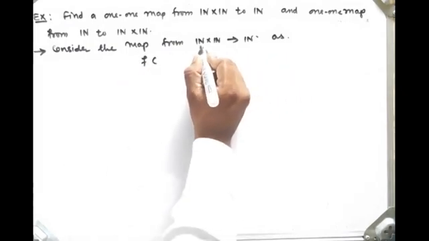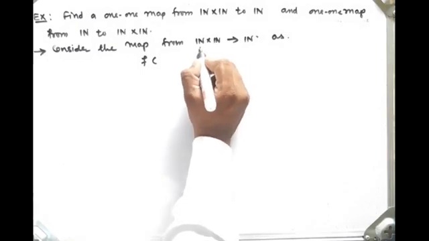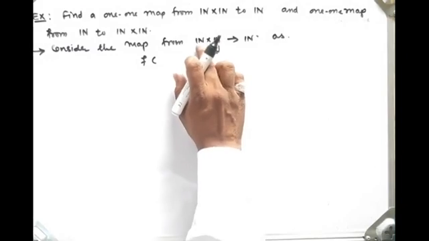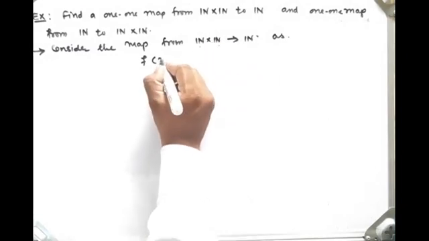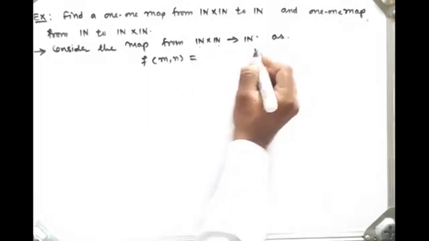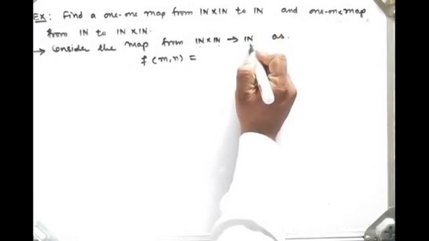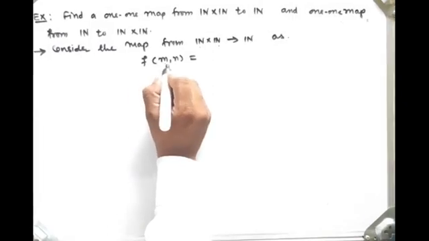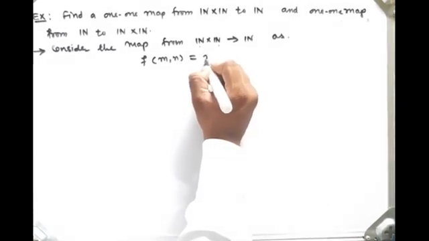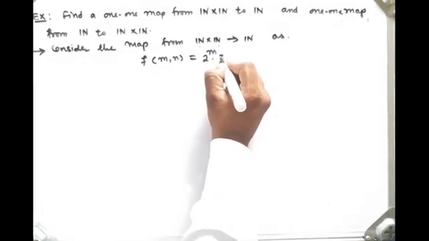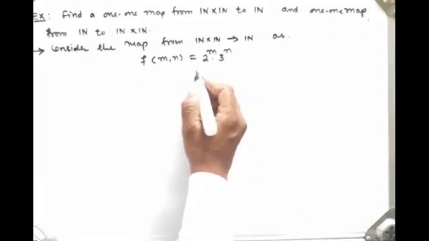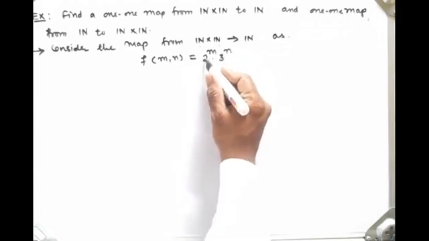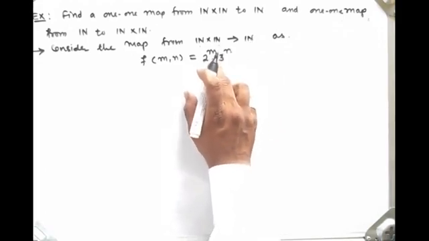The domain value is an ordered pair, which I will take as (m, n), and the output value is a single natural number. So I will define f of (m, n) as 2 raised to m into 3 raised to n. Since m, n belong to the natural numbers, 2 raised to m into 3 raised to n is again a natural number. Here it is multiplication.